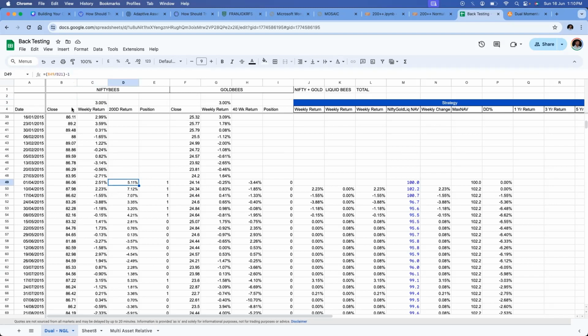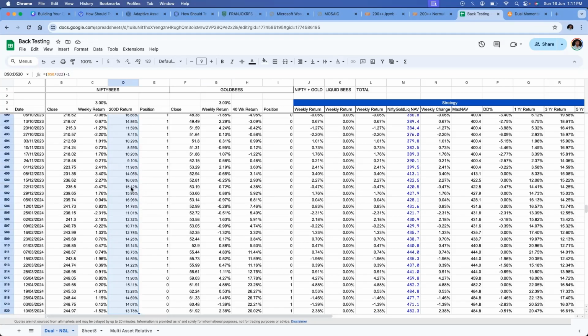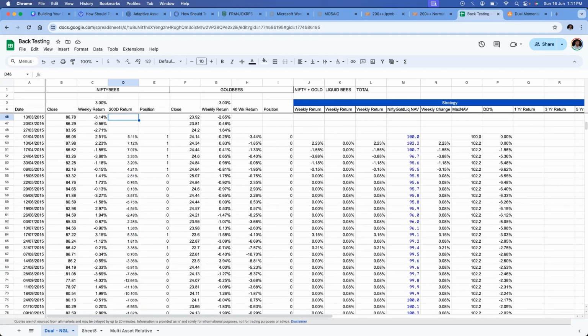The reason for choosing B21 is because we'll get exactly 200 days return. So let me quickly show you. I'll subtract A49 minus A21. So you get 201 days. I was assuming it roughly to be 200, so that's the difference. B49 by B21 minus 1. Now I'll drag this all the way down so that I get the 200-day returns for every week.